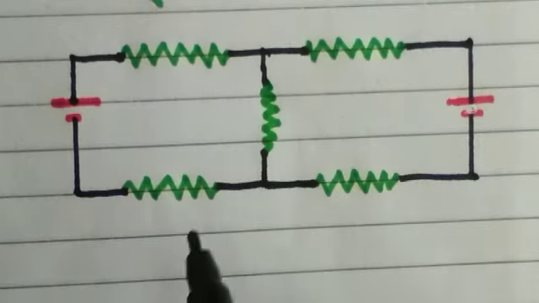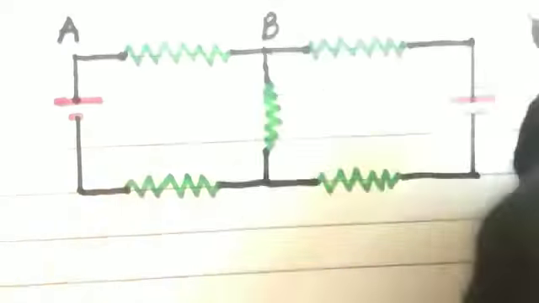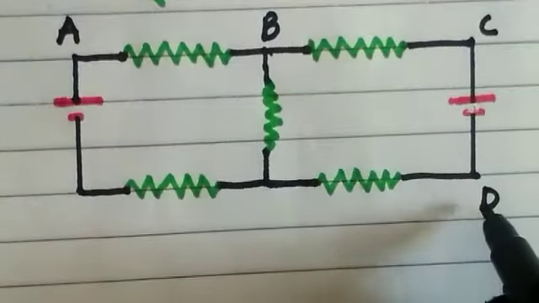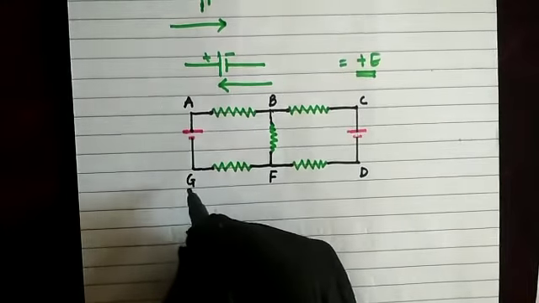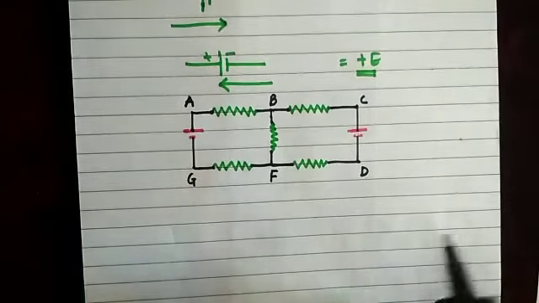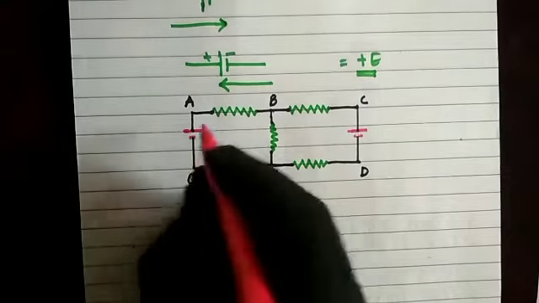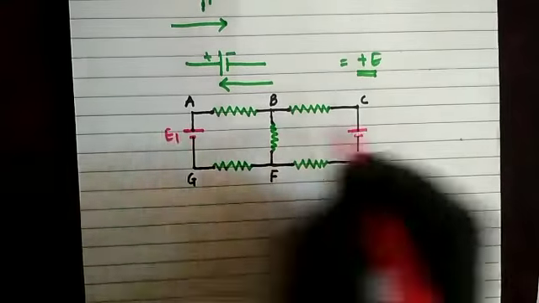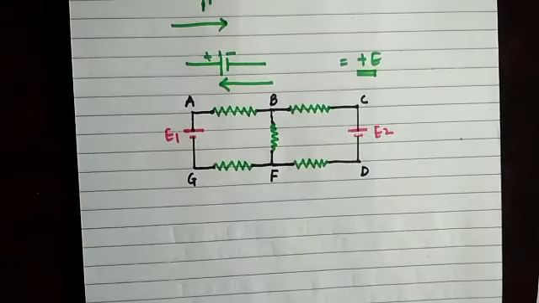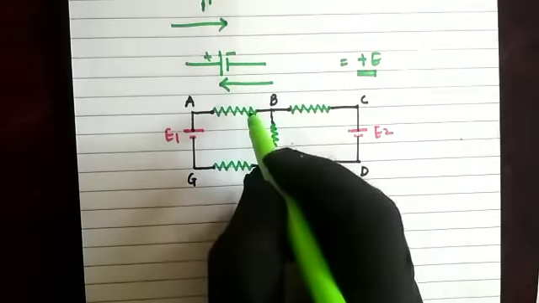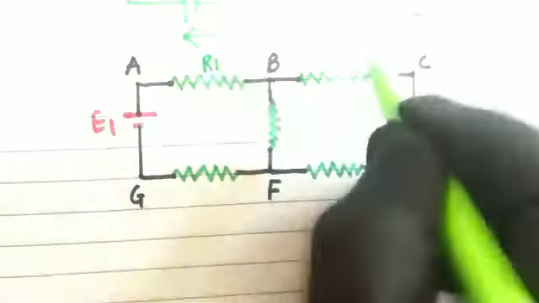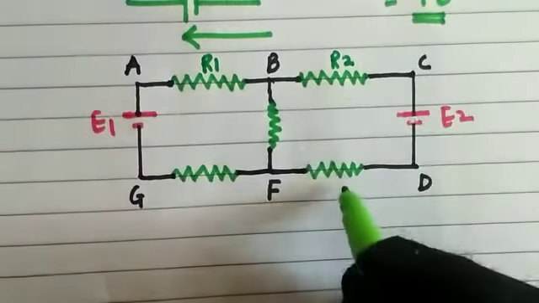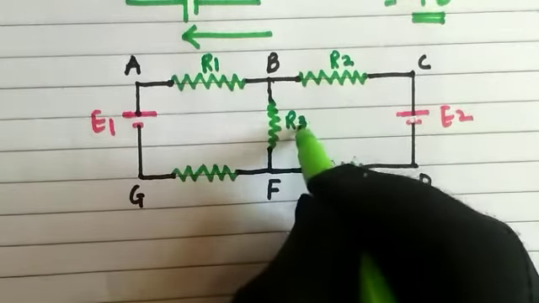Let's consider an electrical circuit. Suppose these are the terminals A, B, C, D, F, G. In this circuit, I have considered two batteries, E1 and E2, with resistances R1, R2, R3.